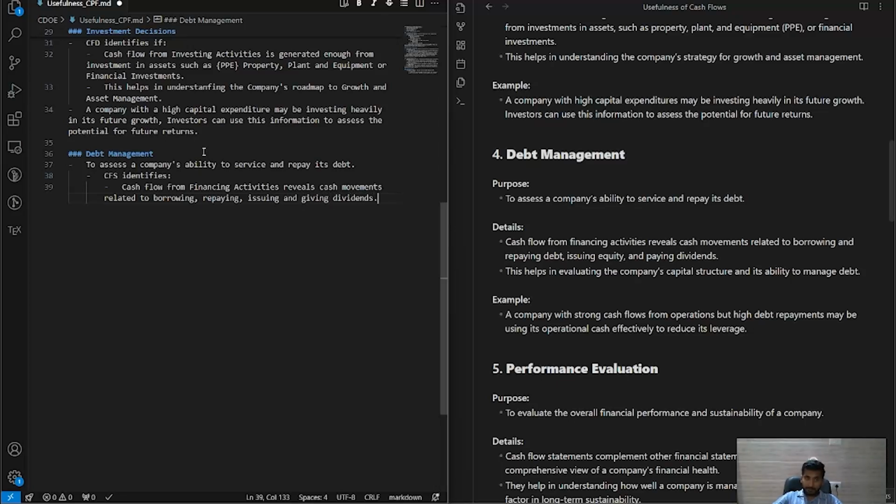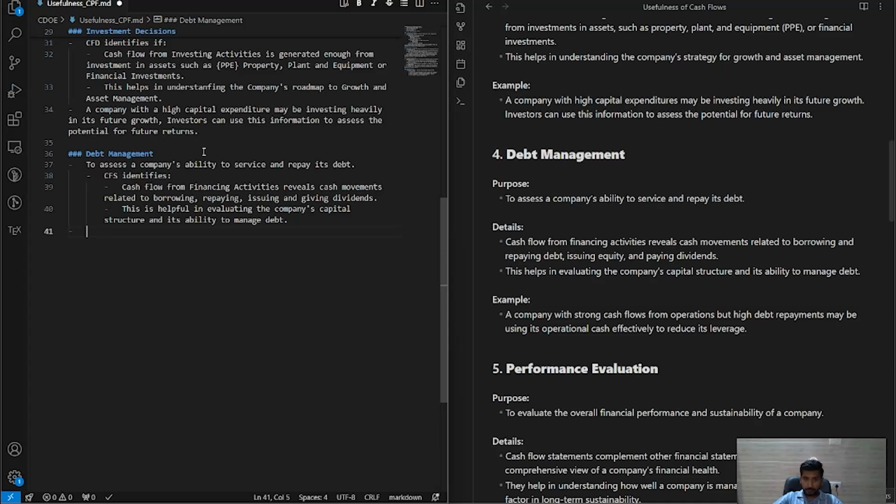So financing activities from a debt management perspective, because cash flow from financing activities identifies if we are borrowing, repaying, issuing, or giving any dividends. This is helpful in evaluating the company's capital structure and its ability to manage the debt.